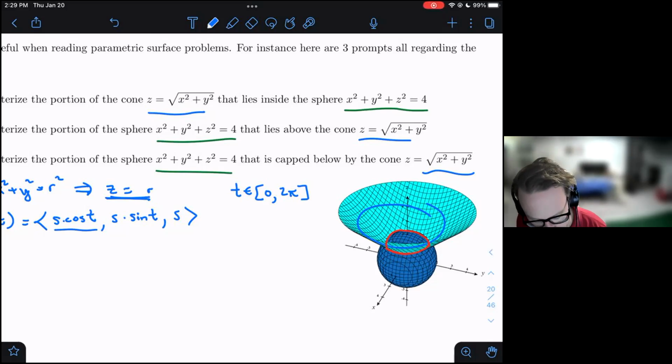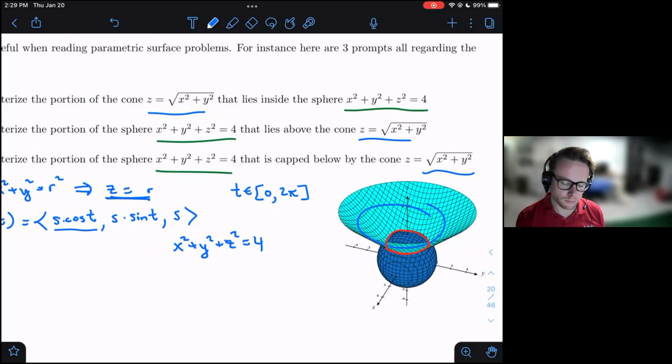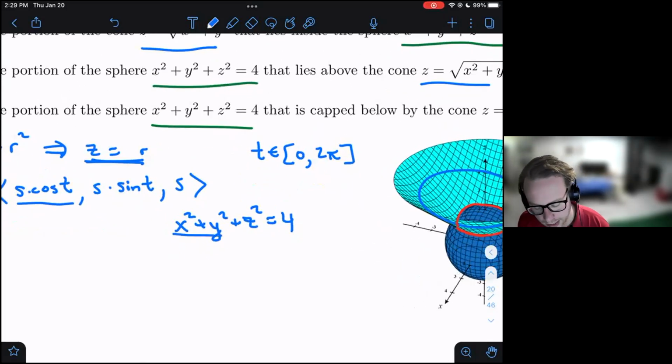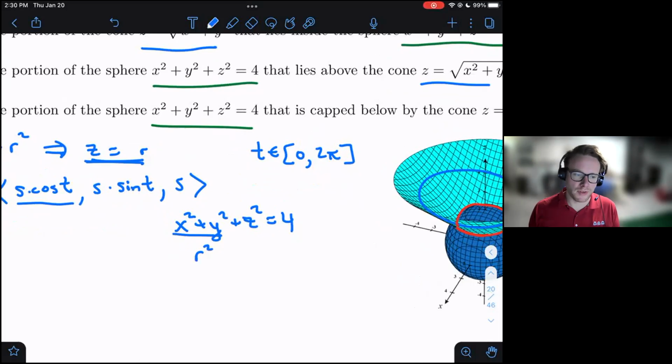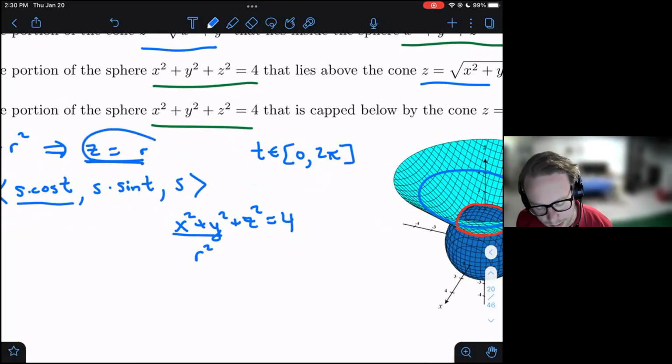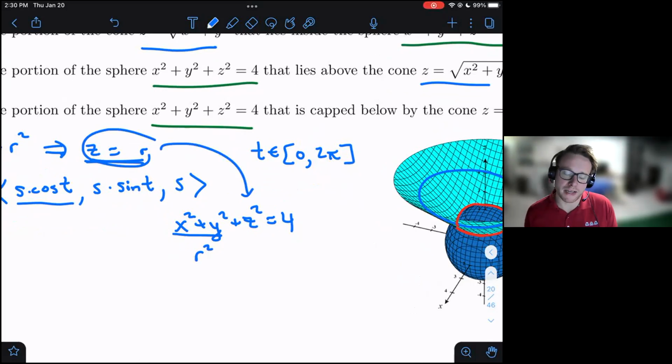So here I would have, again, x squared plus y squared plus z squared is equal to 4. x squared plus y squared is equal to r squared if we were to convert this into cylindrical. And remember, if we want the intersection of both of these things, I'm going to plug in an r everywhere I see a z, because again, we want to know when these two things intersect.